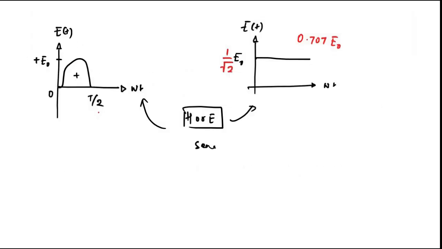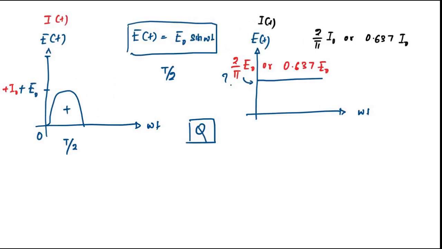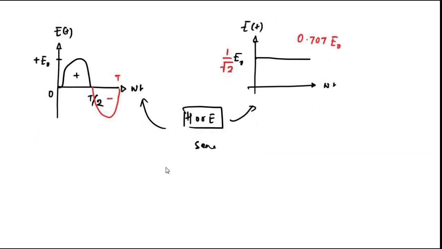For RMS value, it is not necessary that you take only one half cycle, you can take the complete cycle also, that is from 0 to T. For mean value or average value it is half cycle, but for RMS value you can take the complete cycle.